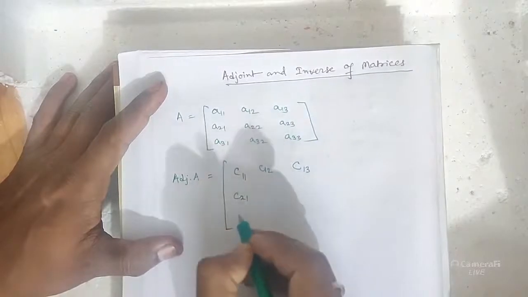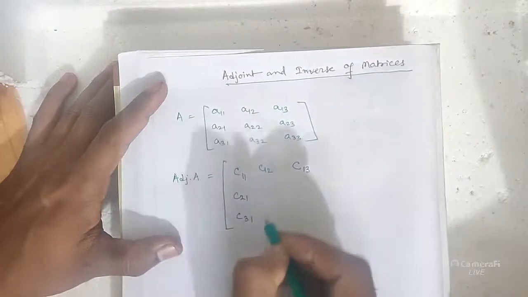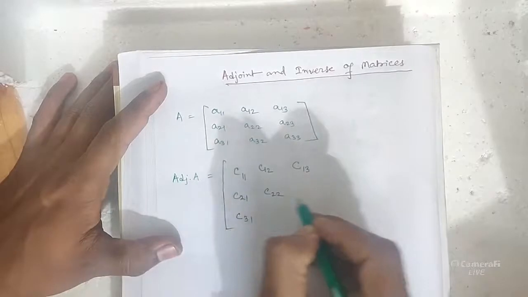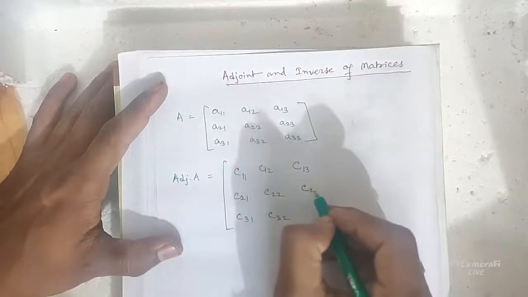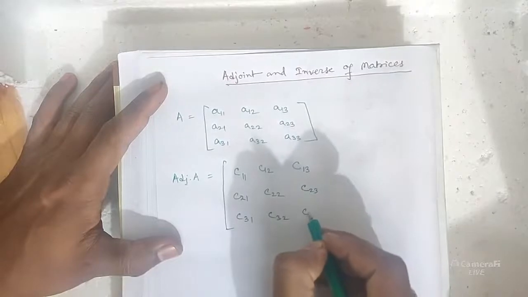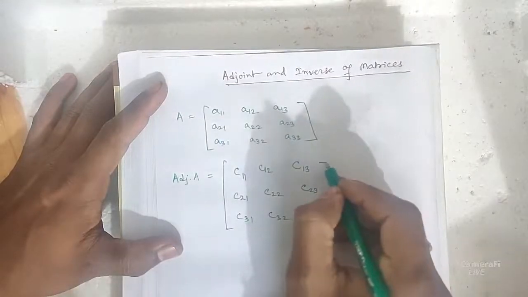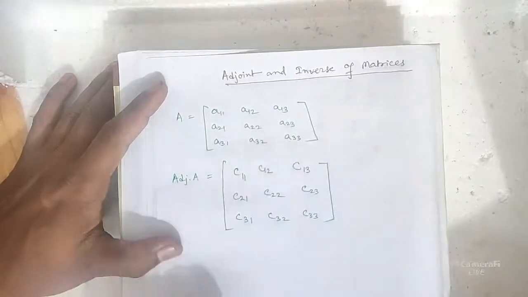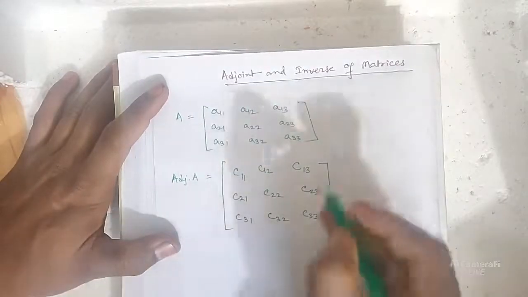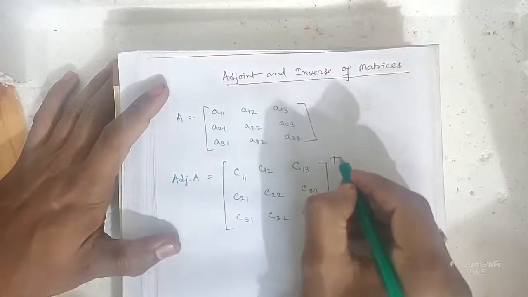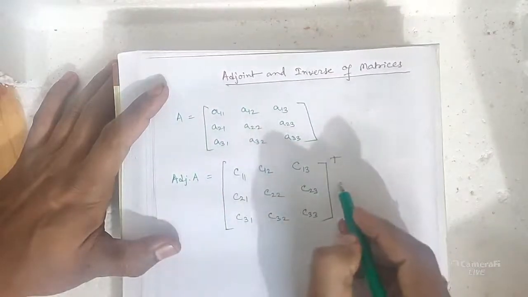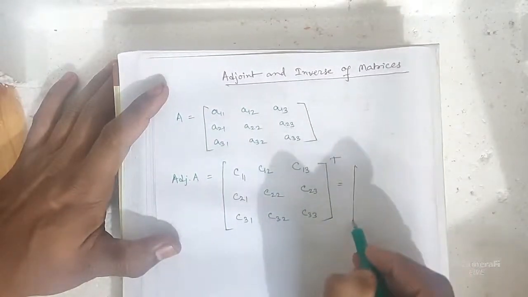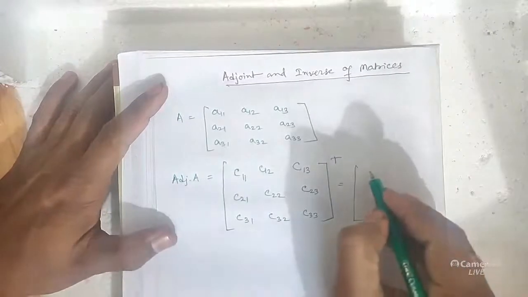Similarly C21, C31, C22, C32, C23, C33. So this will be the cofactor matrix, and if we take the transpose of this, transpose means interchange of row and column.